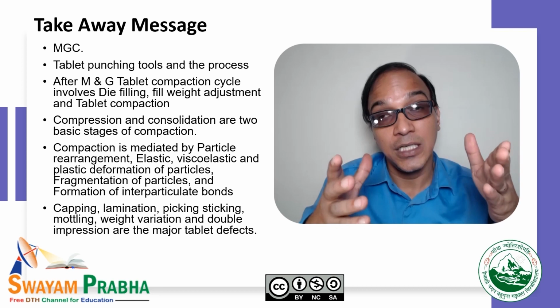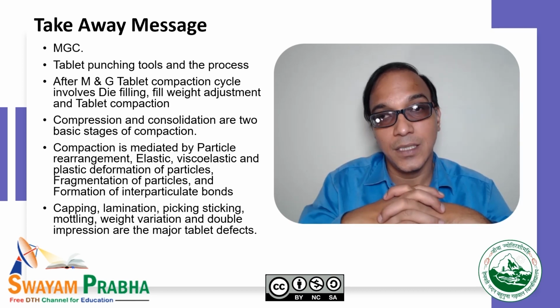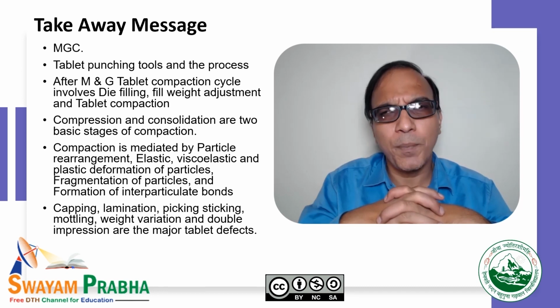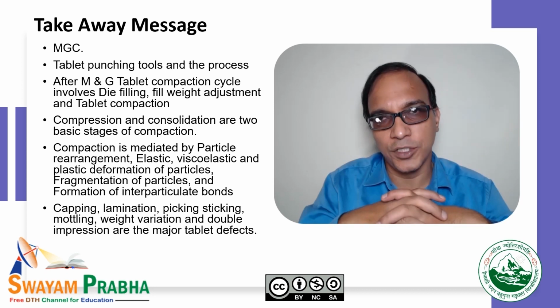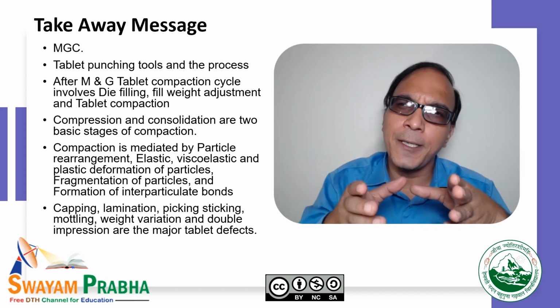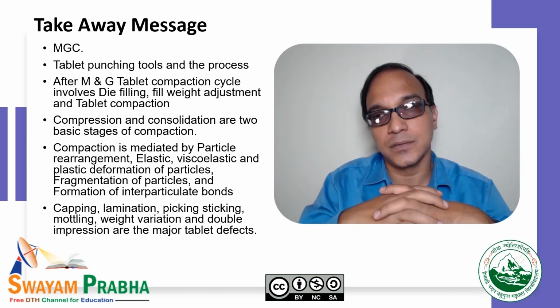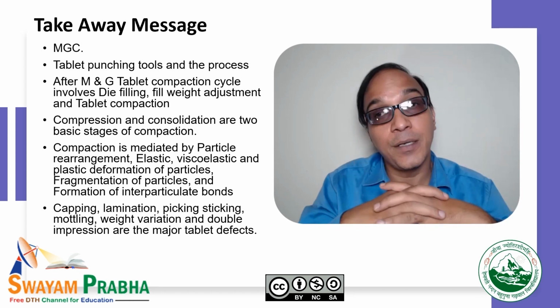Making a tablet is an art as well as a science. Obviously, tablet punching is the most complex process if you compare it with other formulations like capsules. Tablets have many variables which control the quality of the final product.